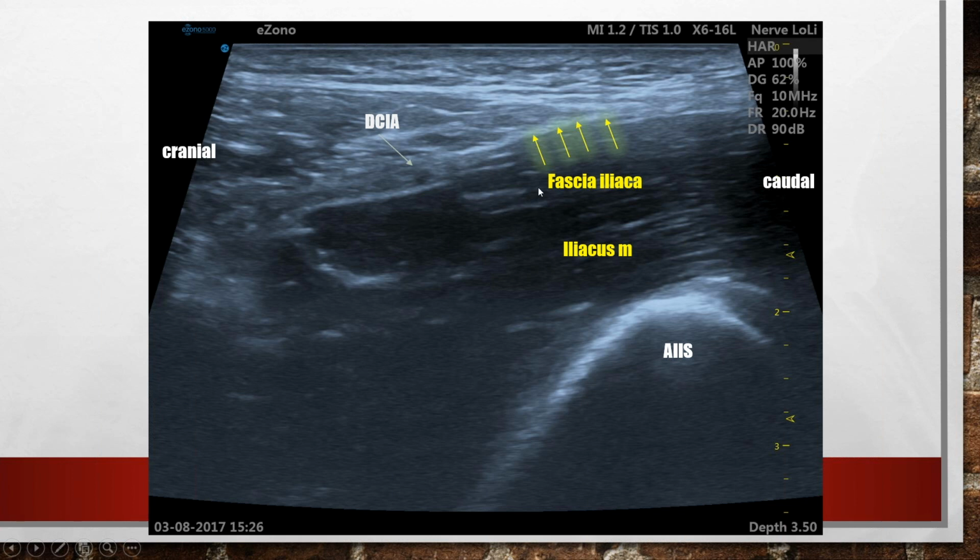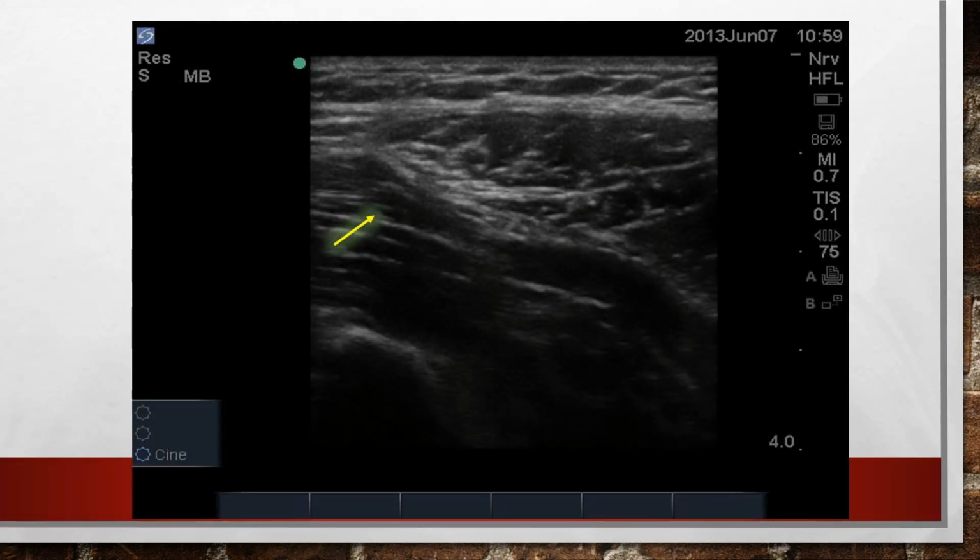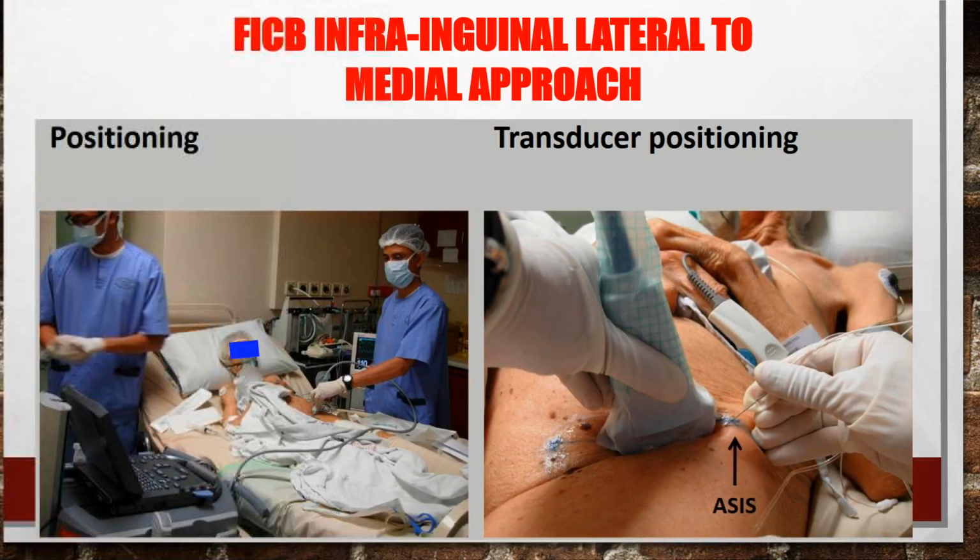Then we need to make sure that our local spreads downwards to cover the pelvic area, so that when we give the local it will spread like this. We need to make sure they spread laterally and proximally.